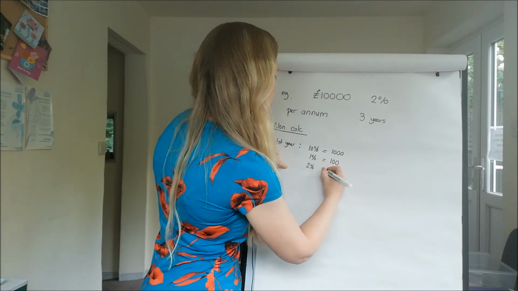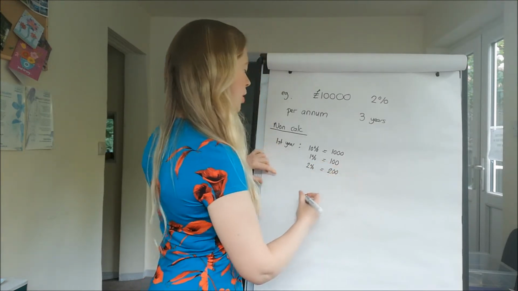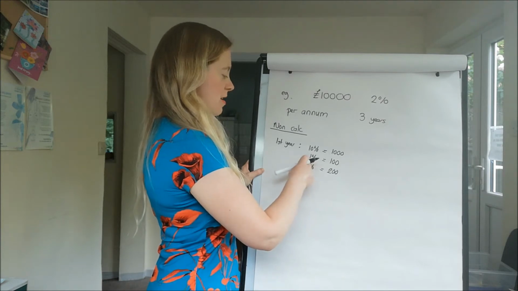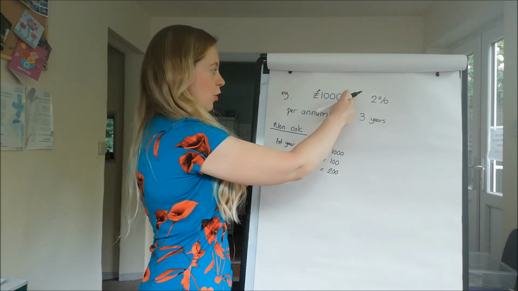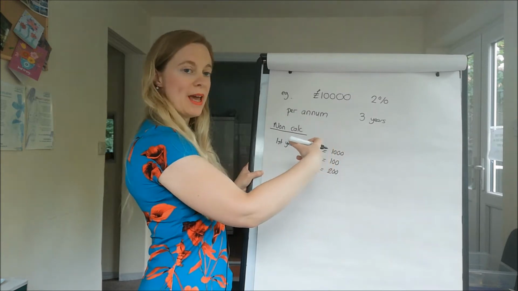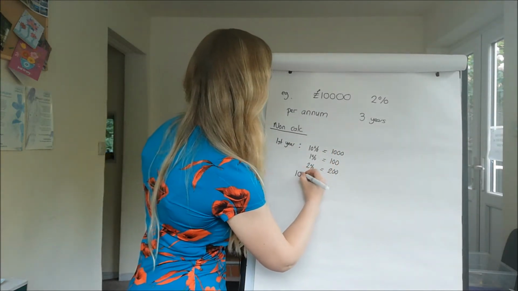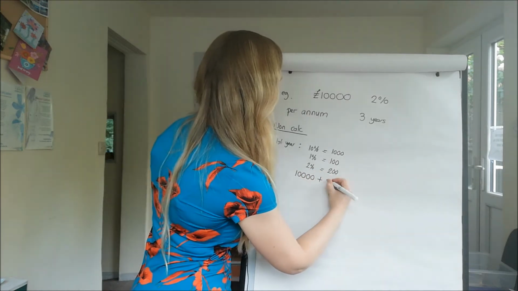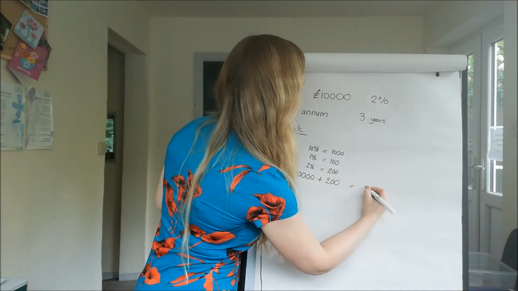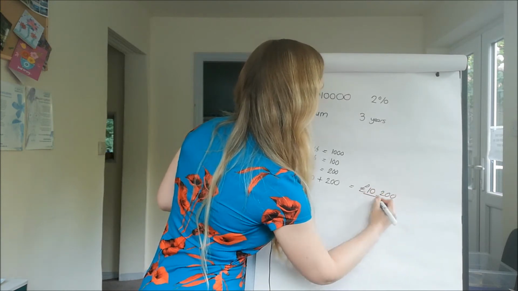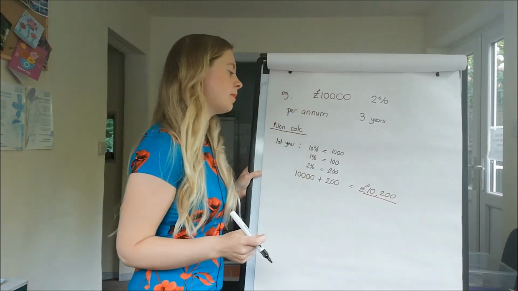So 2% would equal £200. And in the first year, at the end of the first year, you'll have all £10,000 that you put in and that extra 2%. So you'll have 10,000 plus 200, which will equal £10,200 at the end of year one.